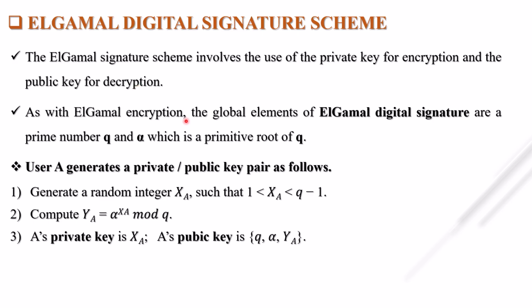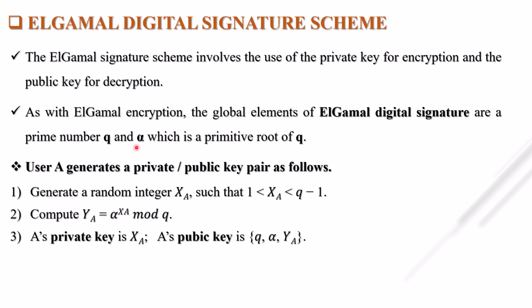Which are they? One is a prime number q, and alpha, which is a primitive root of q. Before going to the example of ElGamal digital signature, you must know what a primitive root of q is. That I will show you in the next slide. So there are two global elements, that is q and alpha.